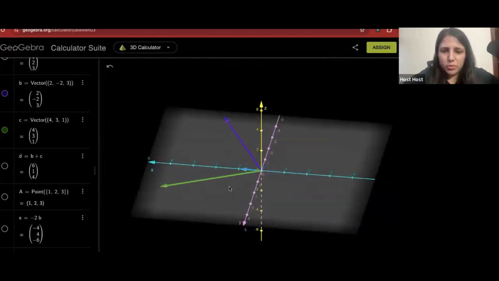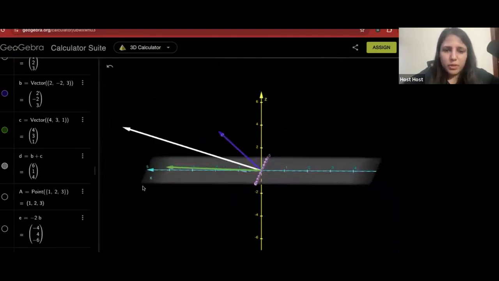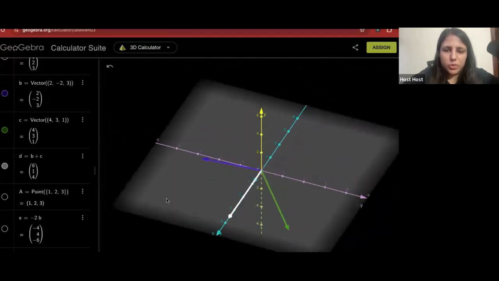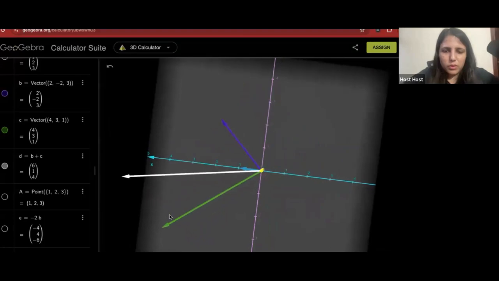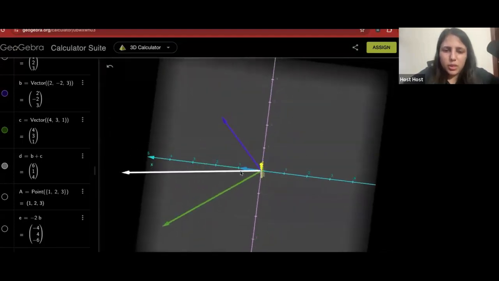I'm not able to use my pen over this, but let's just visualize how this vector will come. It will come like this in this direction, right? This is going a little outside the graph. I can fix this, but it's trivial. On the x-axis, it's going till 6. On the y-axis, it's going till 1.